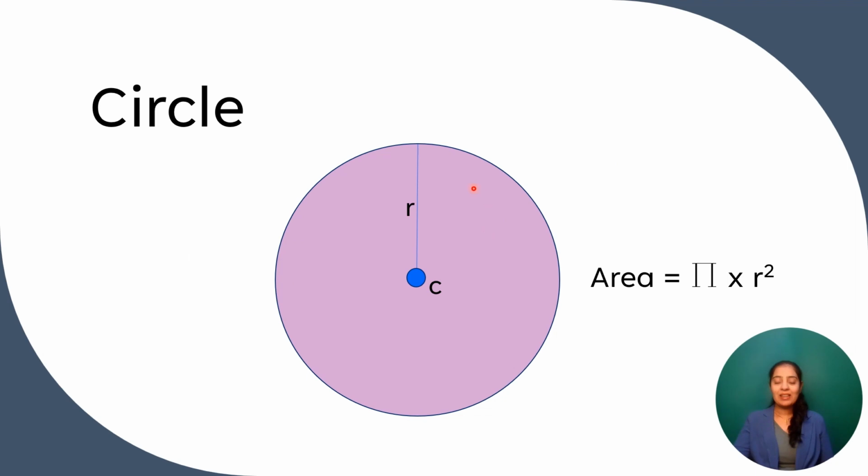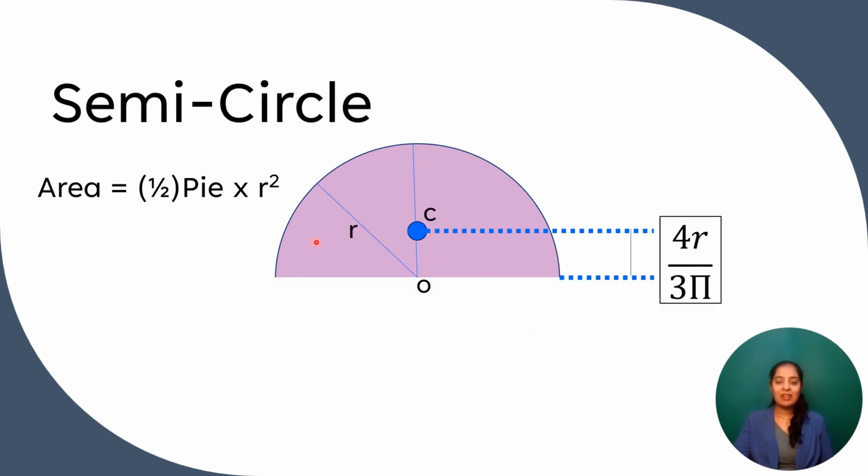Then this is circle. Circle area is pi r square and its CG is at center. Semicircle of radius r.